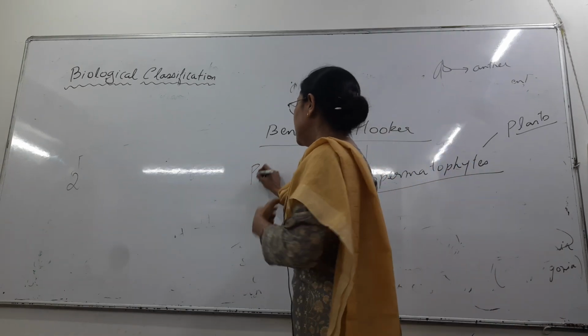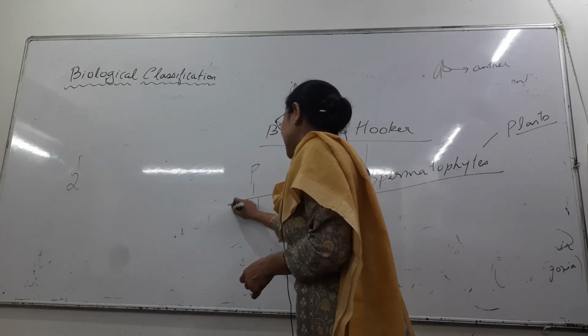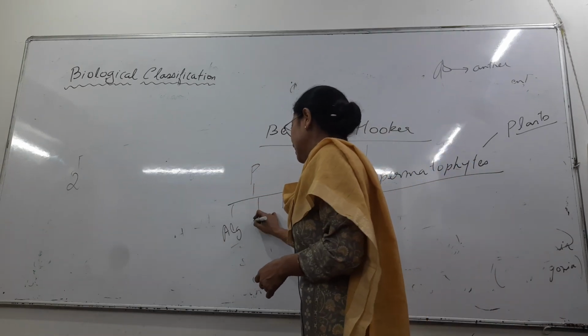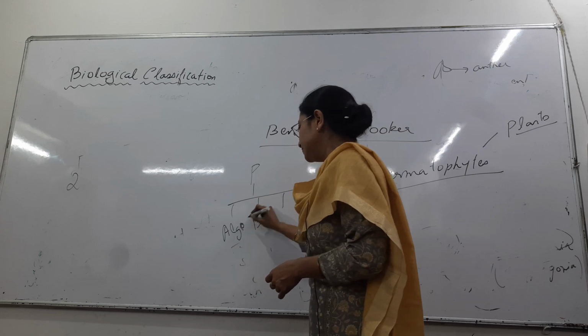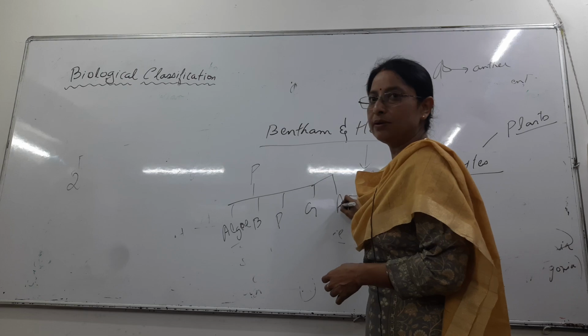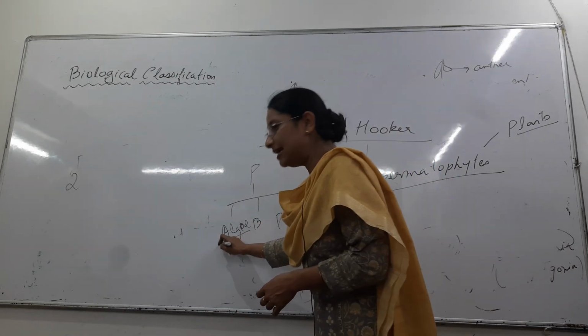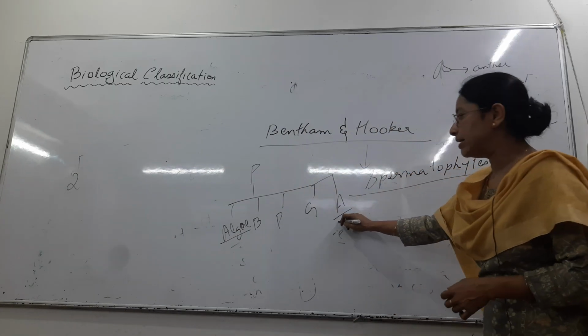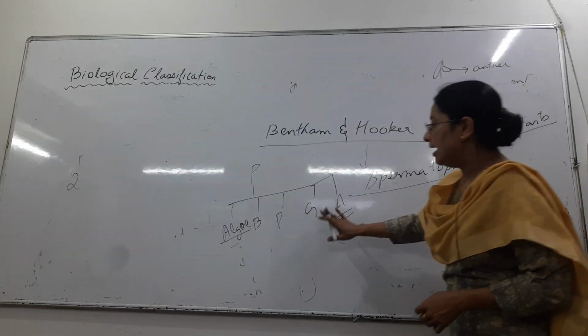When we talk about plants, there are five categories: algae, bryophytes, pteridophytes, gymnosperms and angiosperms. So what is a primitive plant? Algae. What are advanced plants? Angiosperms.